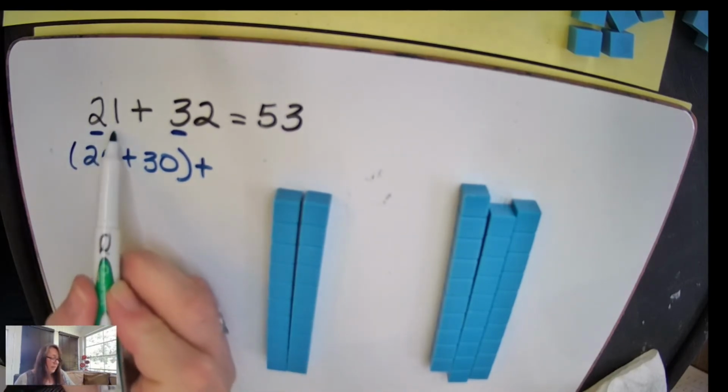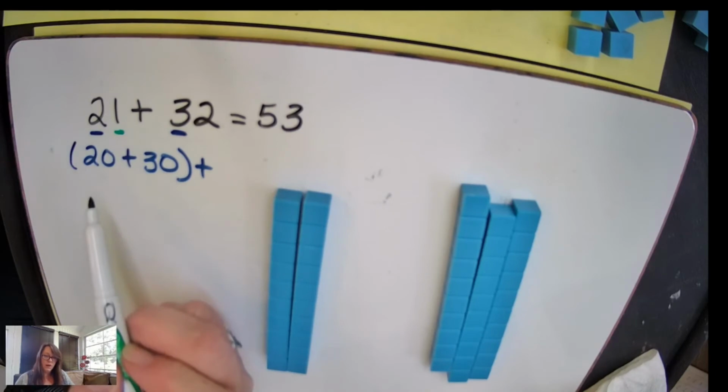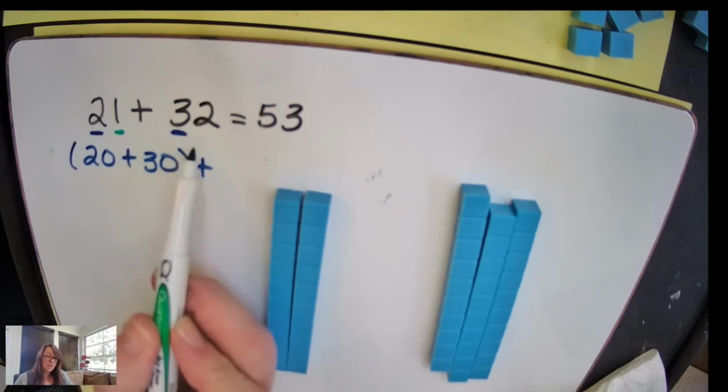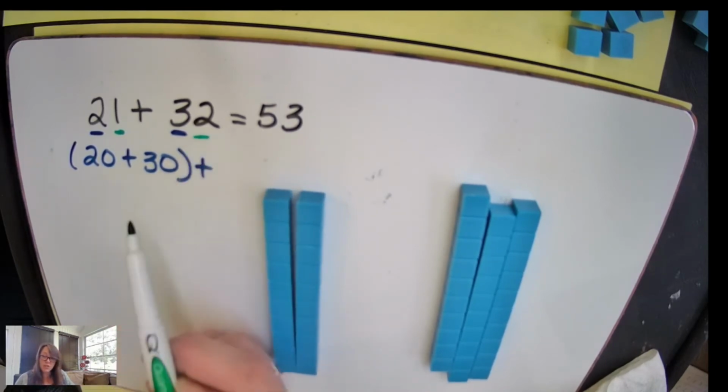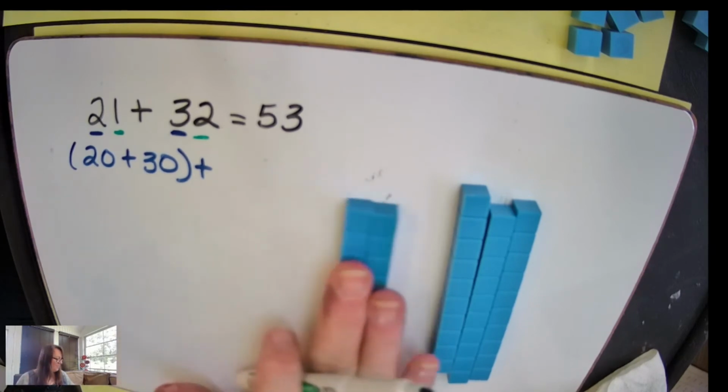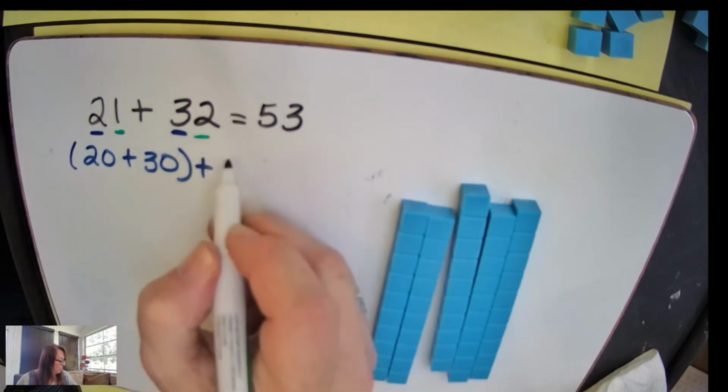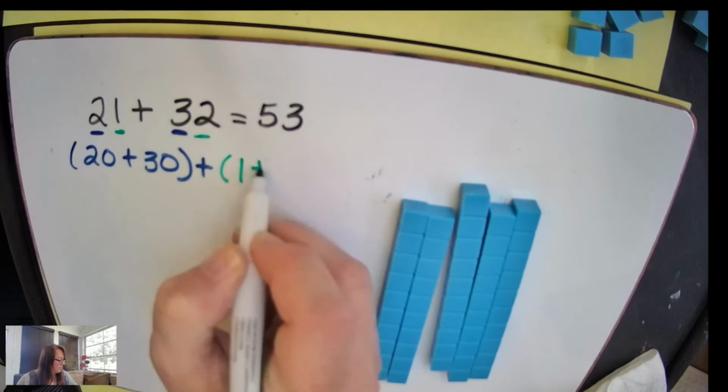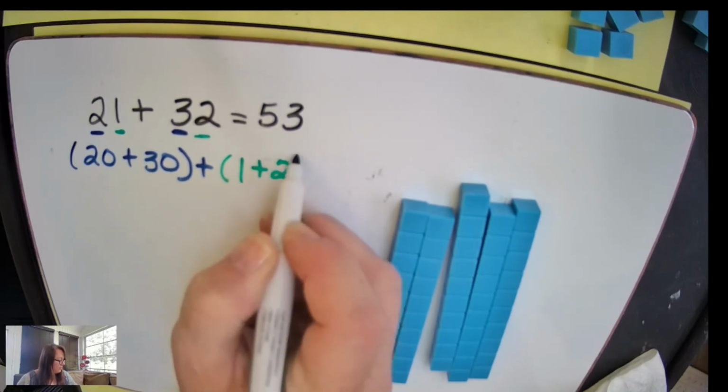In 21, we have 1 one. And in 32, we have 2 ones. So, 1 plus 2.